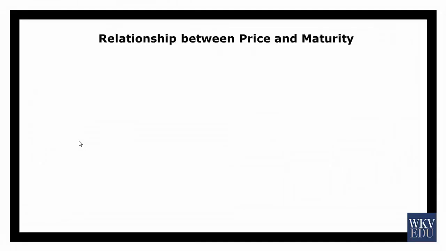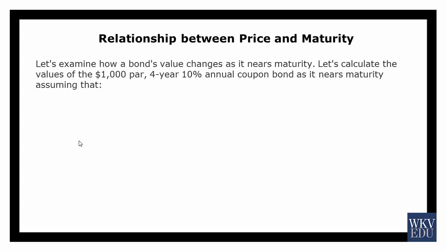We'll look at the relationship between the price of a bond, a fixed income security, and the maturity. Let's assume how a bond's value changes as it comes near maturity. We'll calculate the value of a 1,000 par, 4-year 10% annual coupon bond, assuming that it was issued at a premium when the market yields were 9%, because the market was giving you 9% and you were getting 10%.